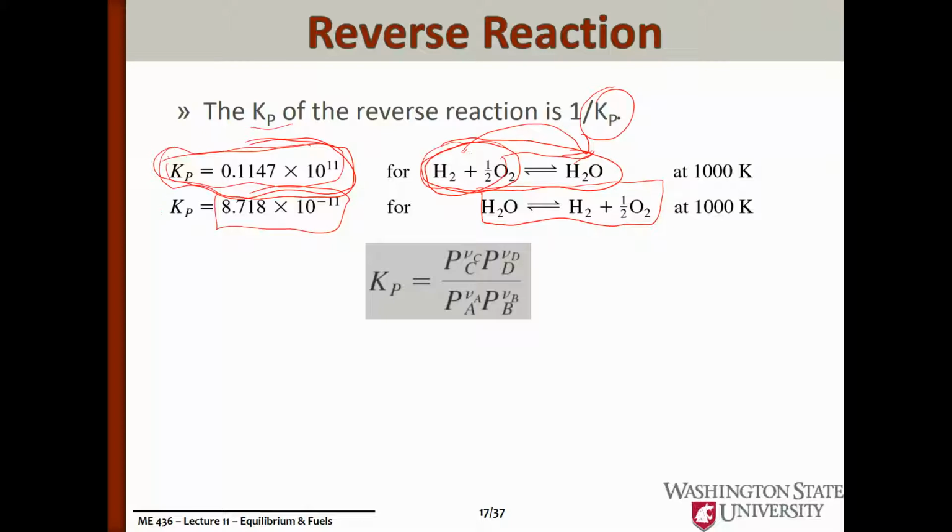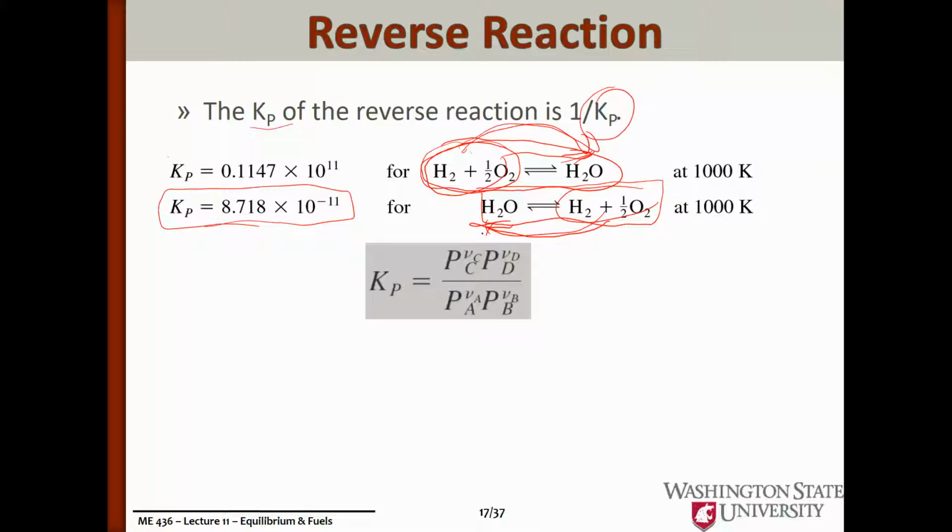A very small equilibrium constant means that it's going to go in the opposite direction. So if it's 1, it's pretty balanced. If it's less than 1, and especially if it's this far below 1, it's almost always going to go completely in the reverse direction. A very large number means it goes almost completely in the forward direction.